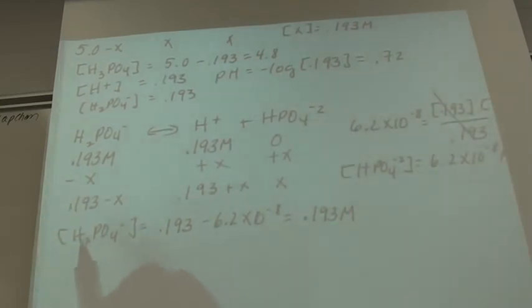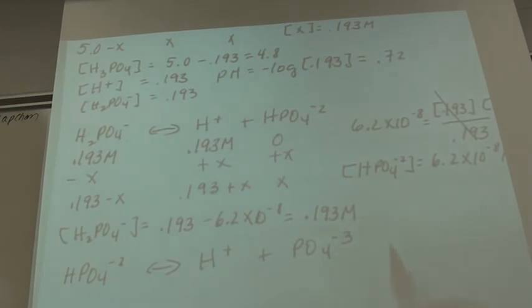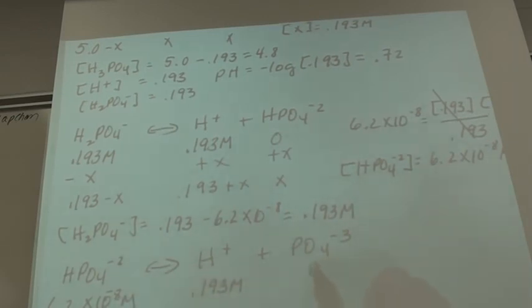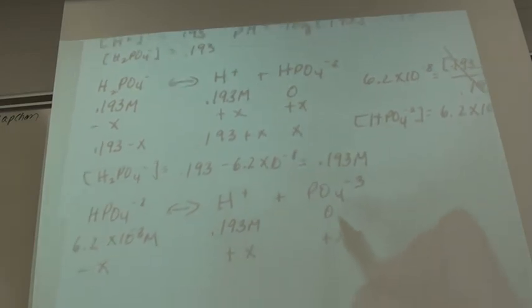Here's our last ionization, HPO4 minus 2 will dissociate into this. Our initial concentrations are 6.2 times 10 to the negative 8, 0.193, very nice, and 0. The change that occurs is this.